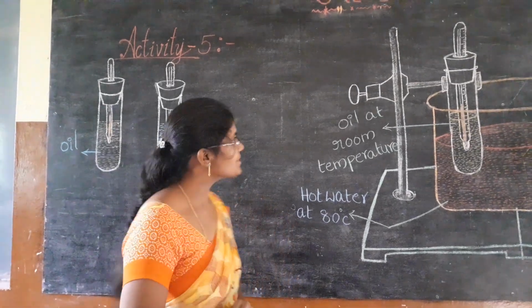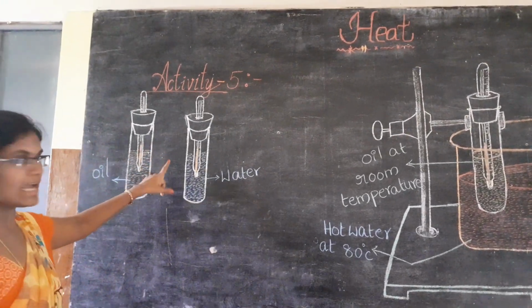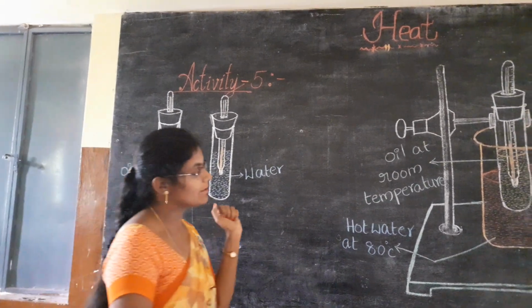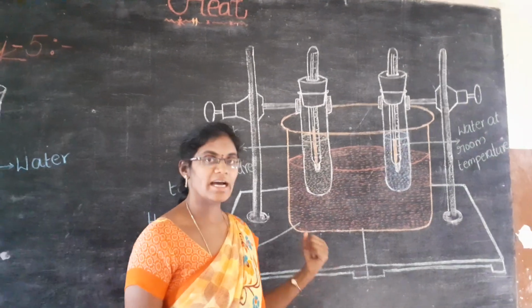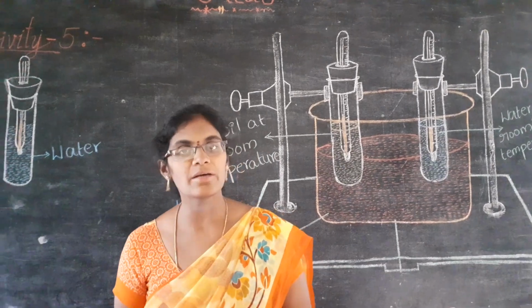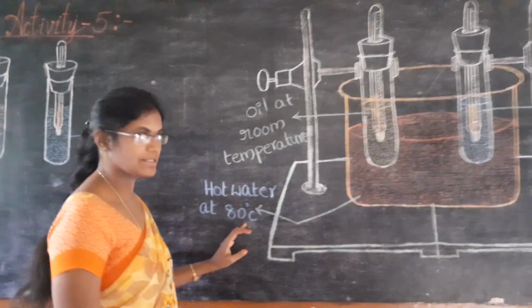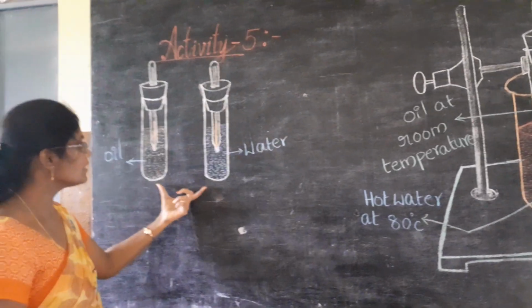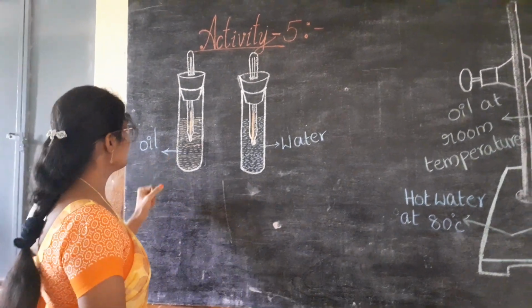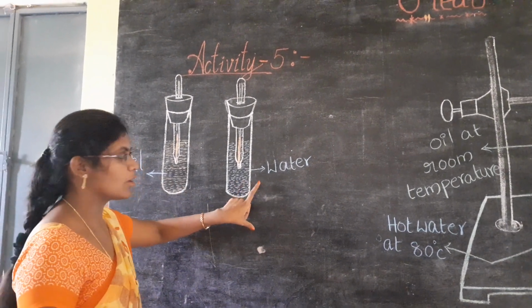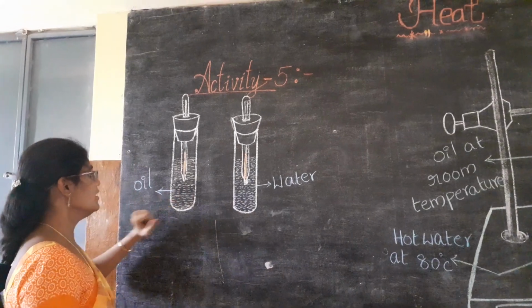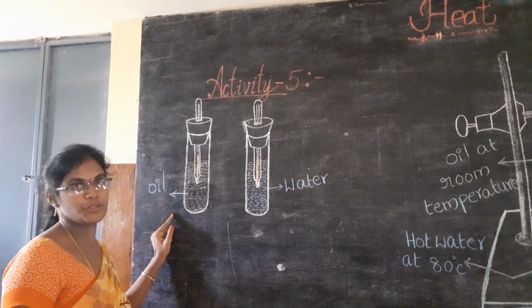Children, in this video our last topic is activity 5. Take a large beaker, fill it with water and heat it up to 80 degrees Celsius. Next, take two boiling test tubes and pour 50 grams of water in one and 50 grams of oil in the other.